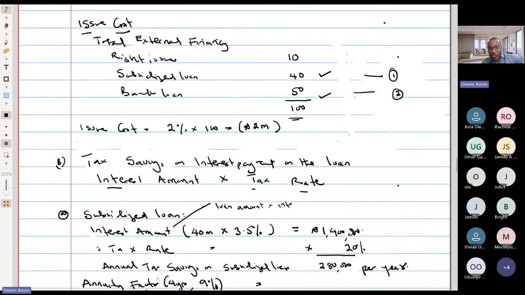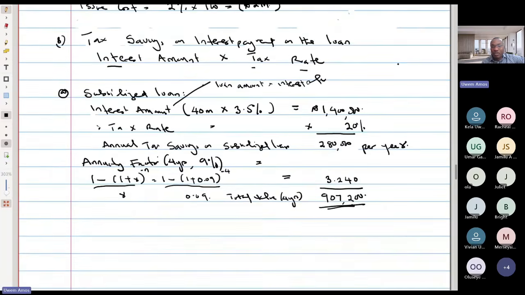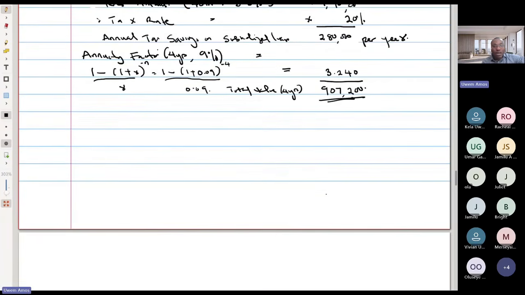But for the bank loan, it's very specific. There's going to be an equal annual repayment. So the first question we need to ask ourselves would be, what is that annual repayment?